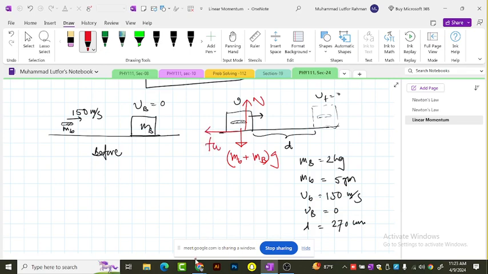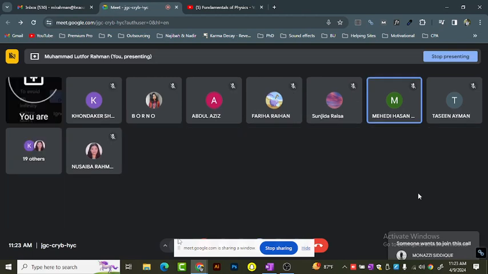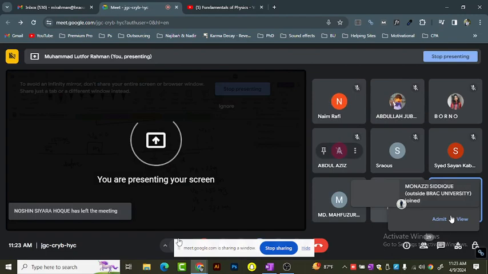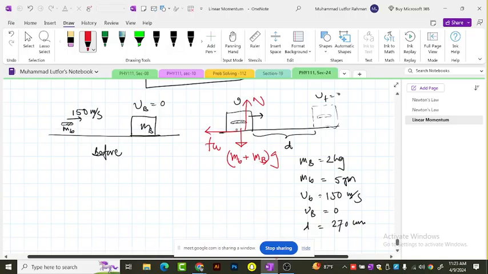This is simply the free body diagram of this system. So we need to find this frictional force.